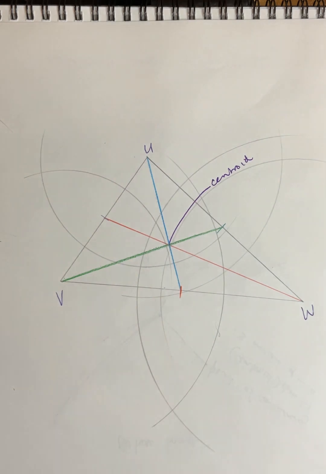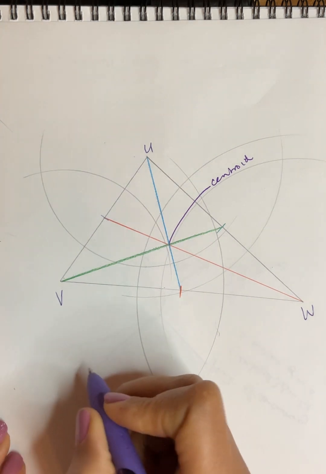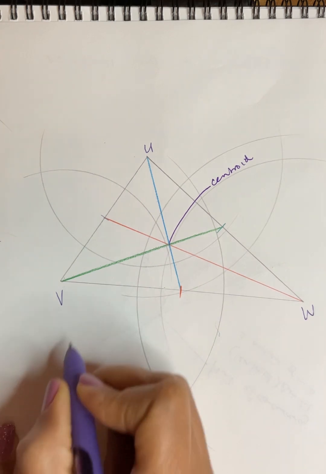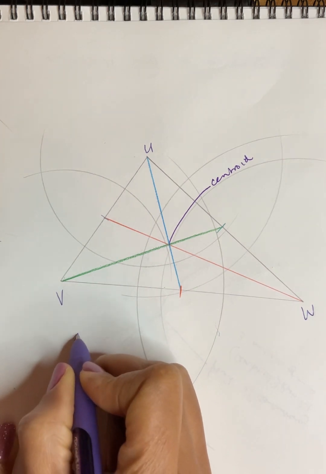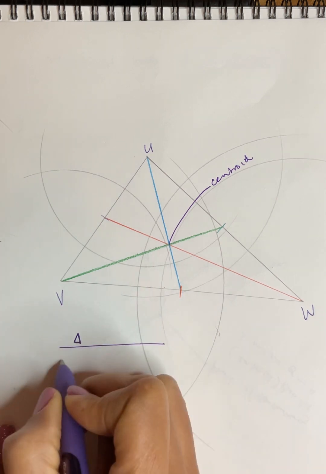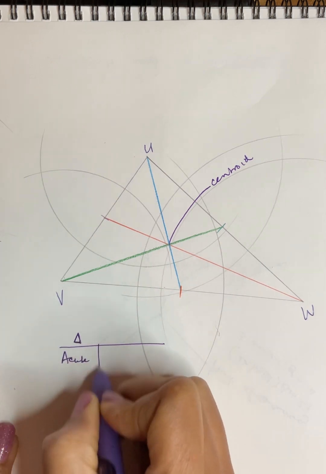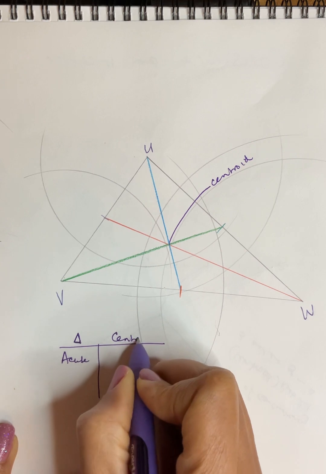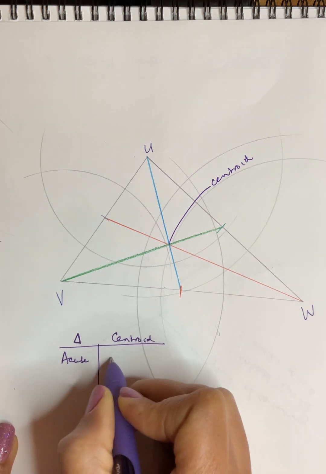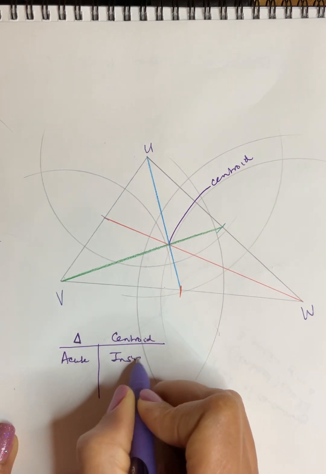So just like the incenter of a triangle, on all three types of triangles, the acute, the right triangle, and the obtuse triangle, they meet inside of the triangle, the same thing applies for the centroid. So you can also do another table. You can have a triangle symbol here, and you can say the acute triangle, and this is for the centroid, and you know that they meet inside.